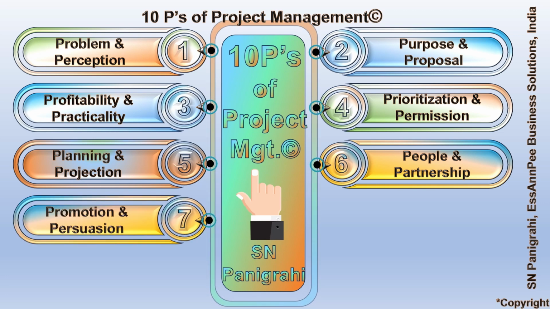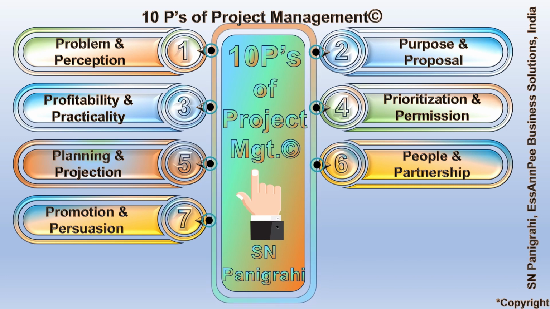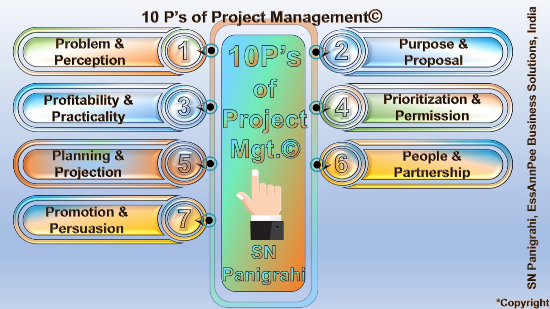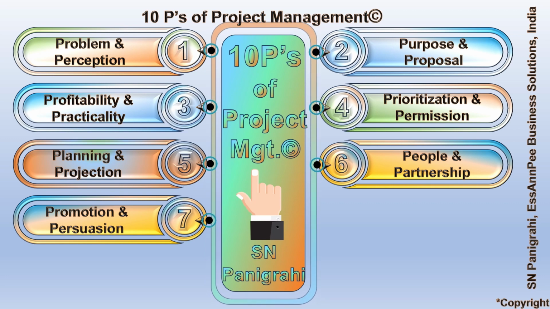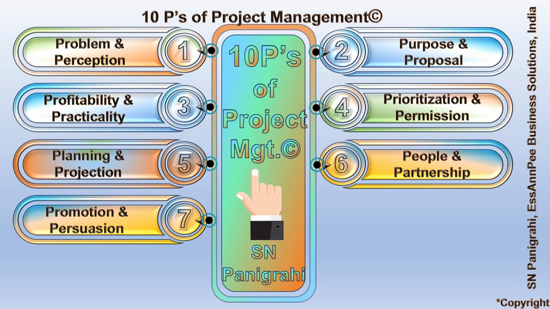7. Promotion and persuasion. This involves effectively communicating the project's benefits and securing stakeholder buy-in. Develop a robust communication plan, engage stakeholders, and promote the project's value. Communication plan: create a detailed plan to inform stakeholders about project progress, milestones, and value.